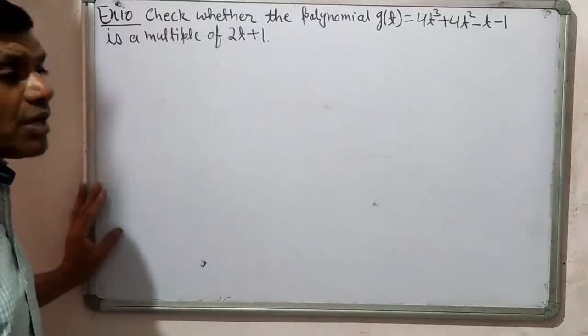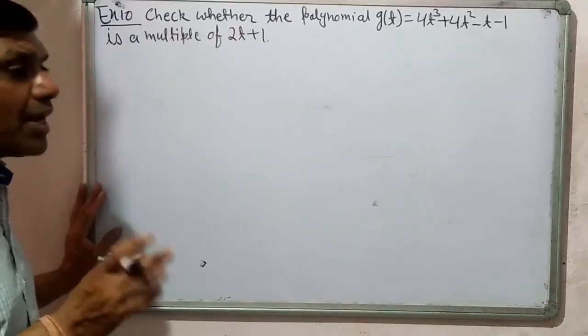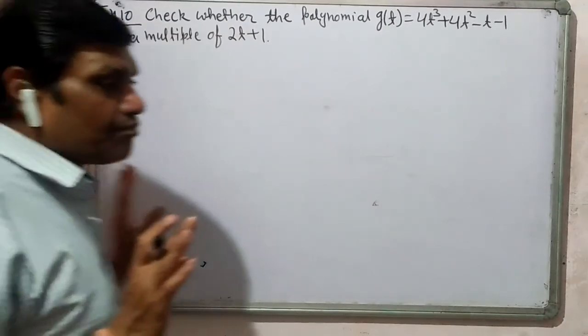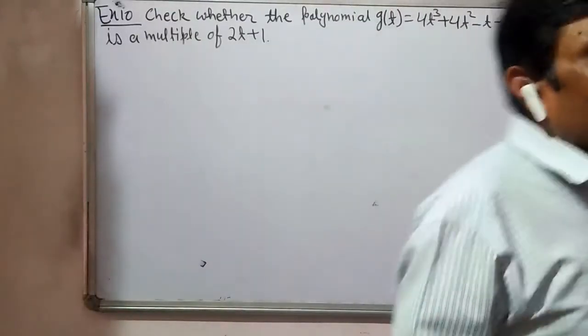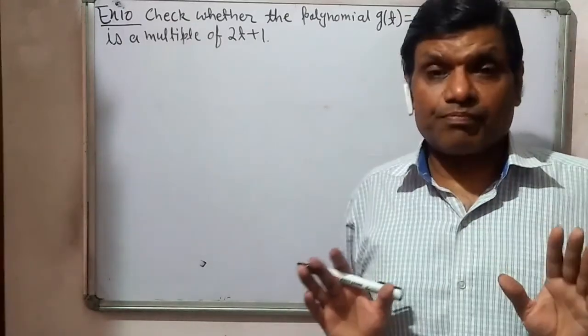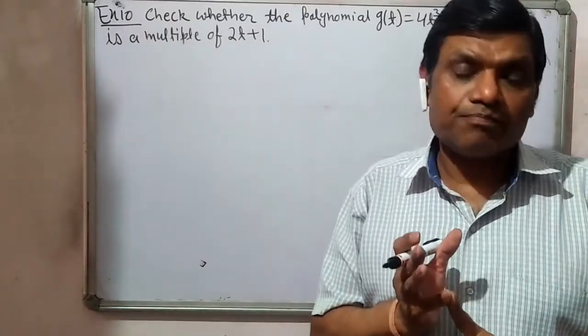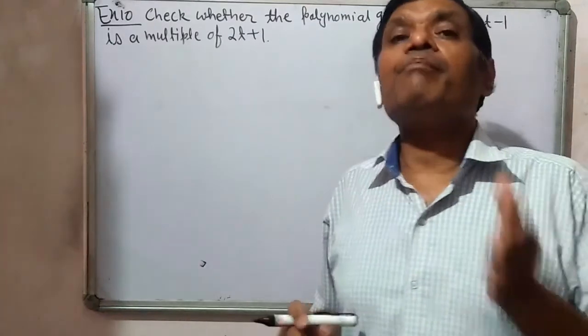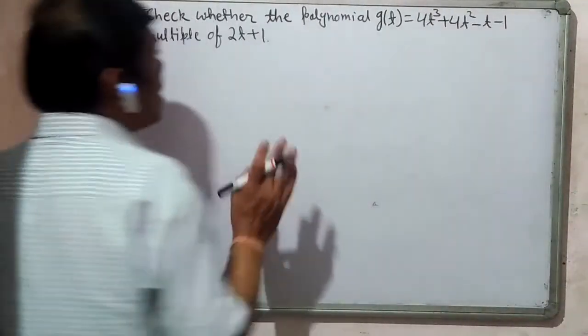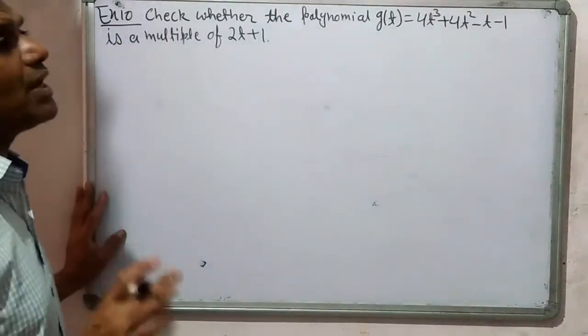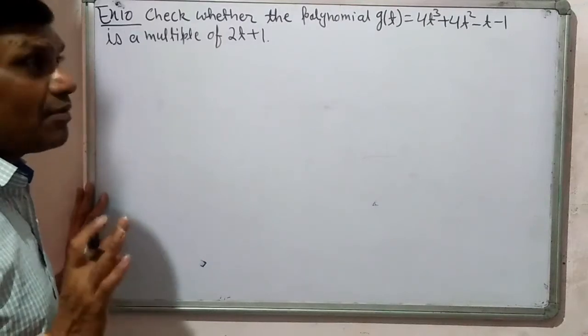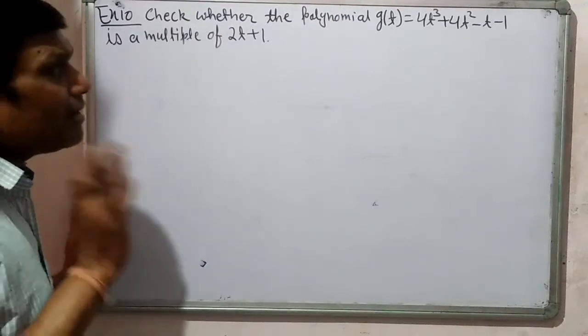Right? How shall we accomplish this? We can do it by either dividing, and when we divide, if the remainder comes 0, then we can say it is a factor, or by using the remainder theorem, if it comes 0, then also we can say it is a factor. Right? First, let us check it by dividing.